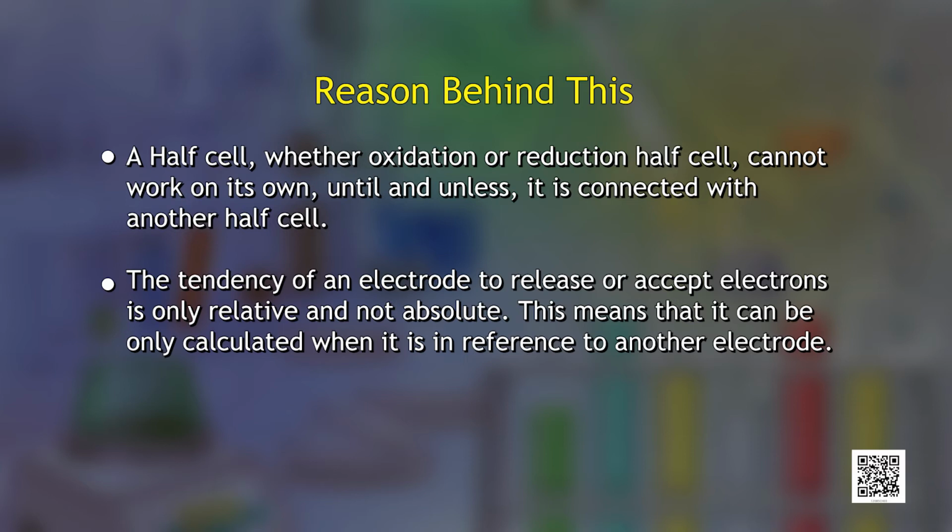The tendency of an electrode to release or accept electrons is only relative and not absolute. This means that it can be only calculated when it is in reference to another electrode. This problem can be resolved by using a reference electrode such as standard hydrogen electrode.